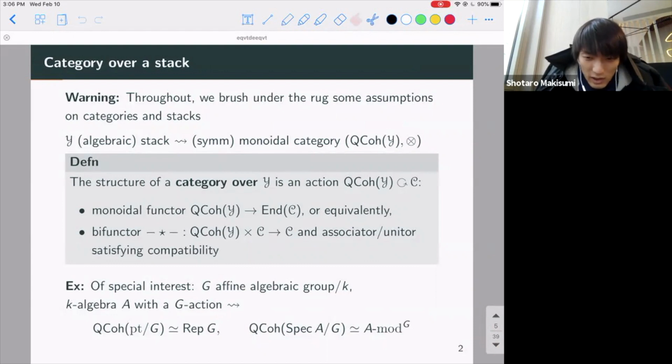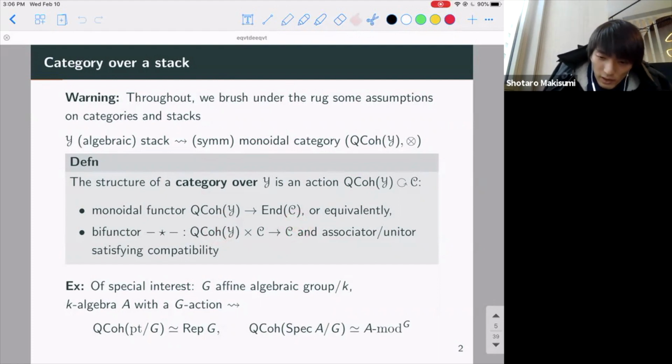To any algebraic stack, there's an associated monoidal category of quasi-coherent sheaves on it. And a category over the stack is just an action of this monoidal category. You can phrase it in two different ways. First, you can say it's a monoidal functor from this monoidal category to the monoidal category of endofunctors of C.